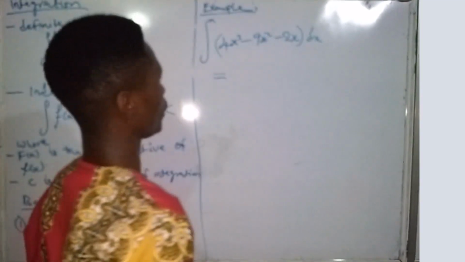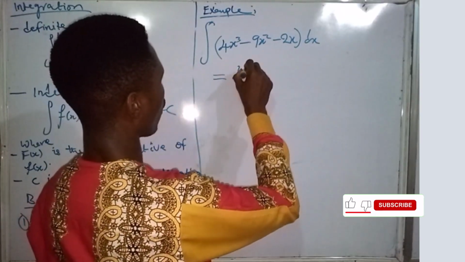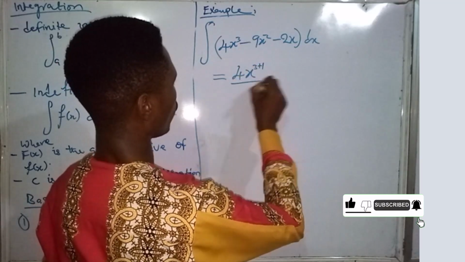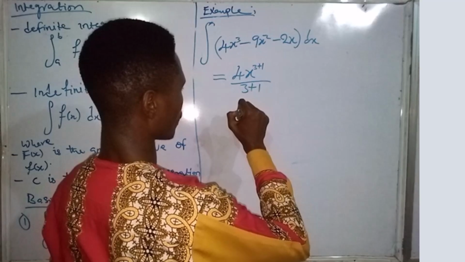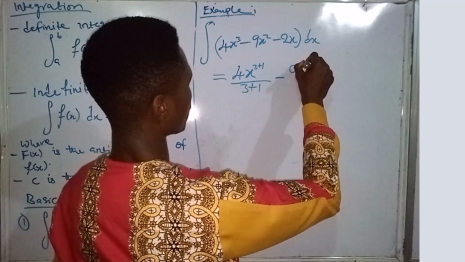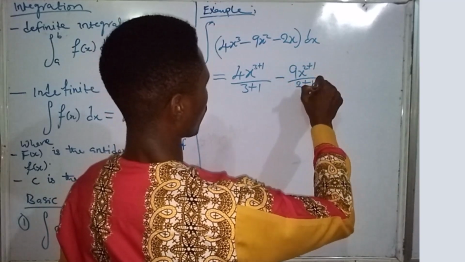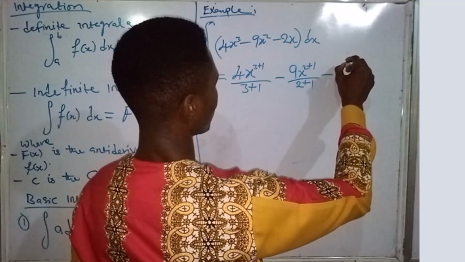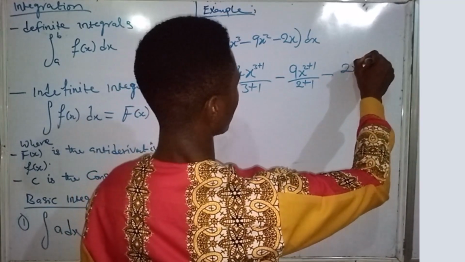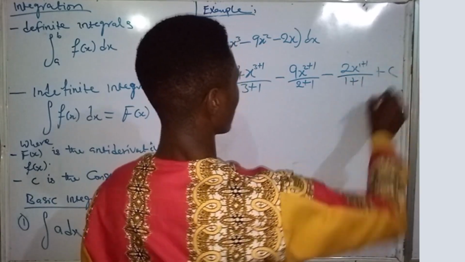This is going to be 4x cubed plus 1 over 3 plus 1, minus 9x squared plus 1 over 2 plus 1, minus 2x raised to the power of 1 plus 1 all over 1 plus 1 plus c.